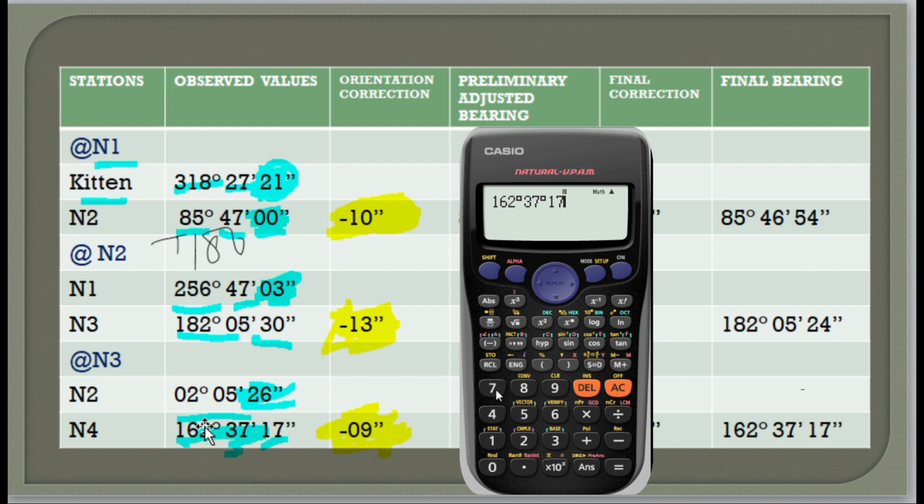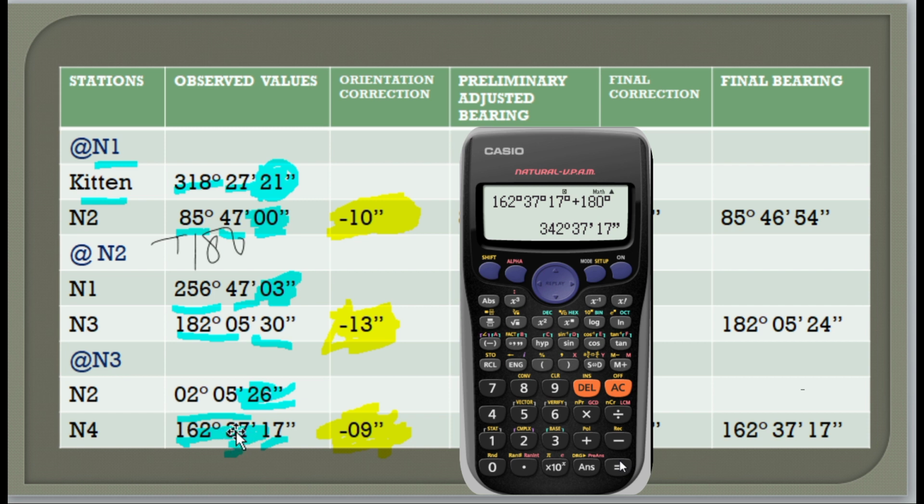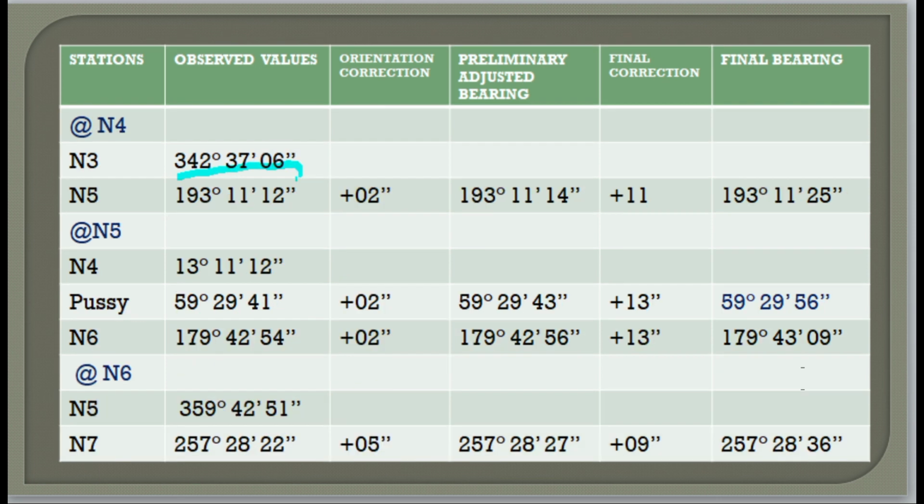So by adding 180 degrees to our value here, we'll get our answer as 342, 37, 17 seconds. That is the correct back bearing that is supposed to be here.